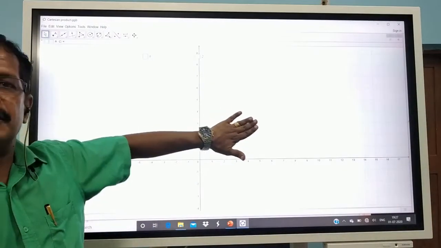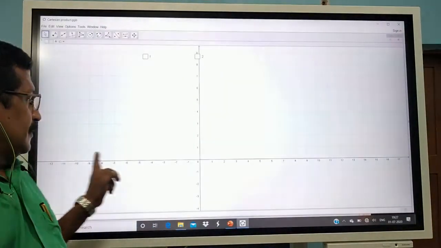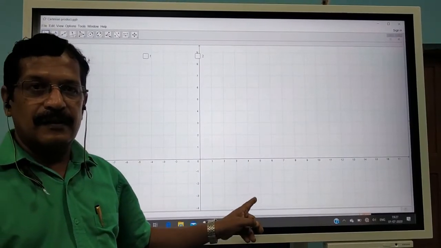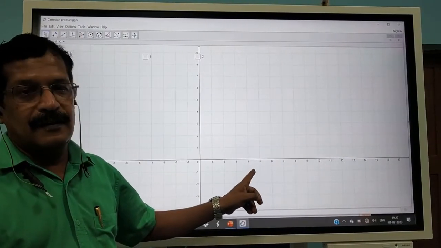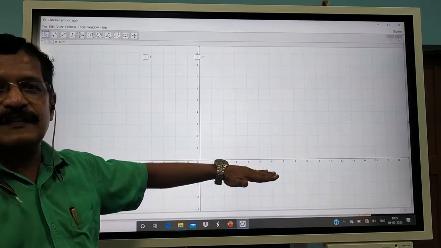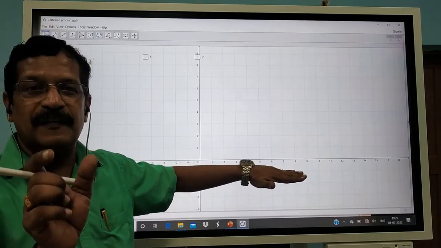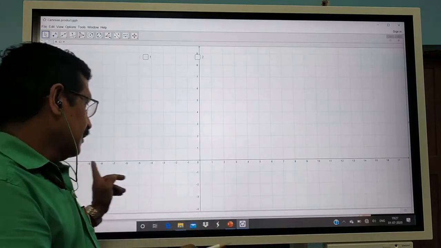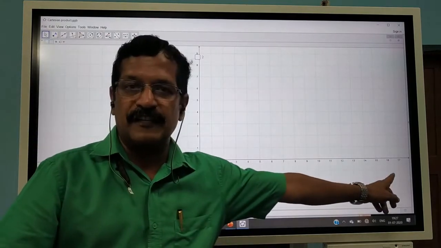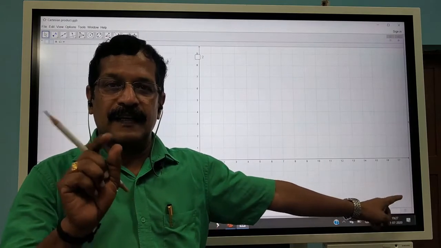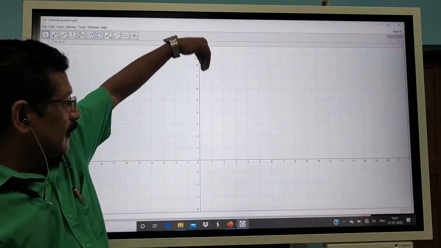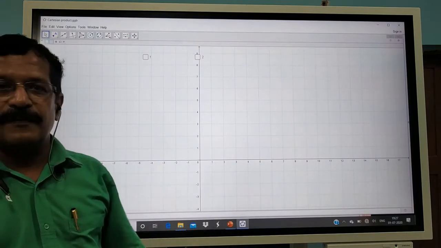So this is the Cartesian plane, x-axis and y-axis. R cross R is the set of all ordered pairs in which the first element, or x-coordinate, is an element from the x-axis, and the second component, or second coordinate, is a number from the y-axis.